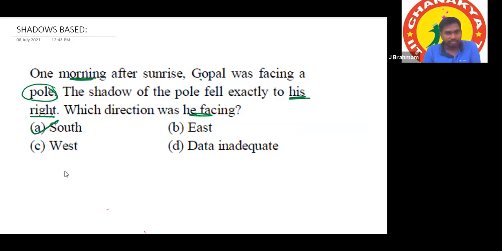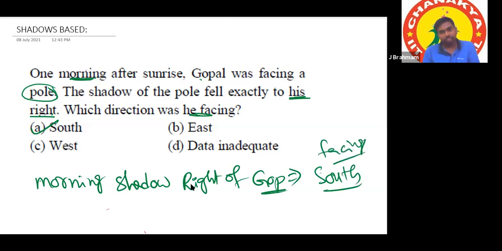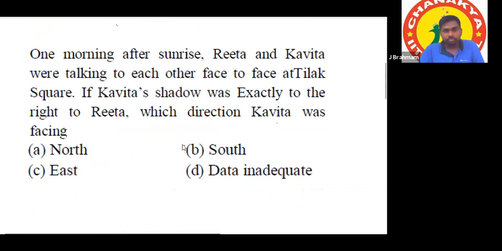So the complete question in our understandable format is: in the morning, shadow right of Gopal. Morning shadow right of Gopal means Gopal is facing south. Yes or no? So the answer is south. That's all. Okay, we'll do one more question.